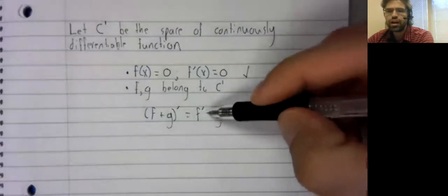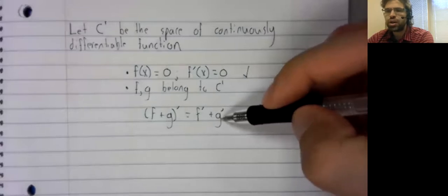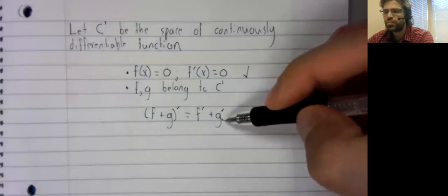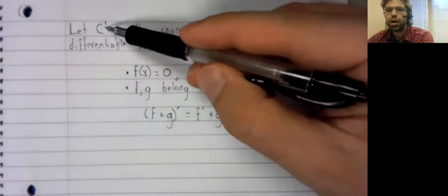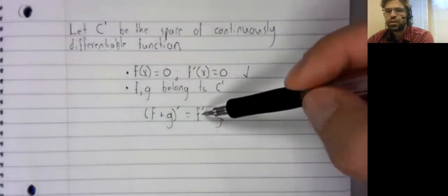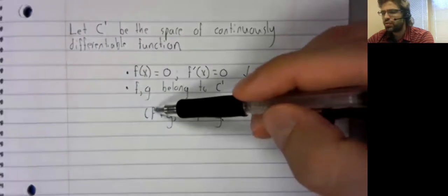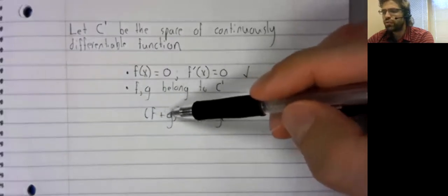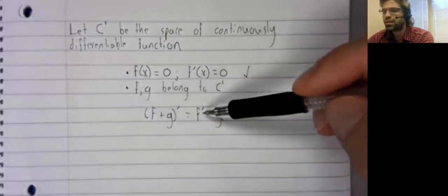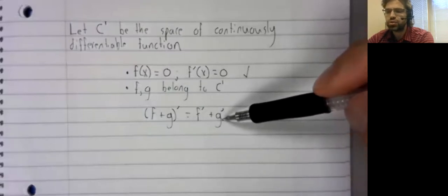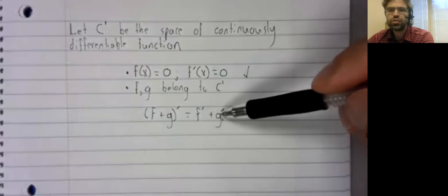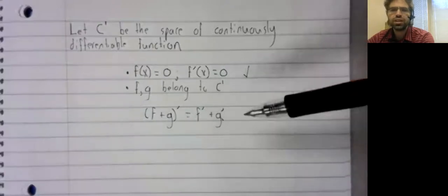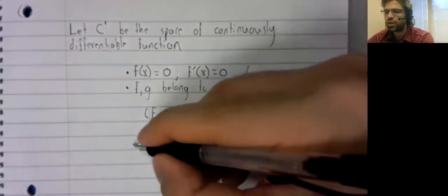And if f prime and g prime are continuous, because f and g are in C1, then f plus g has a continuous derivative because the sum of continuous functions is continuous.